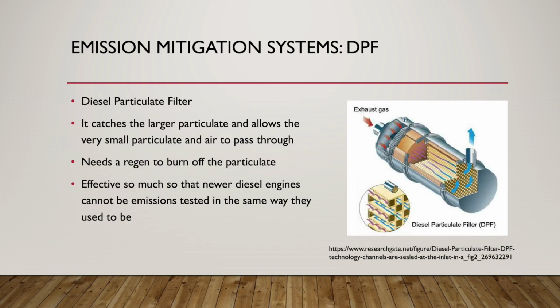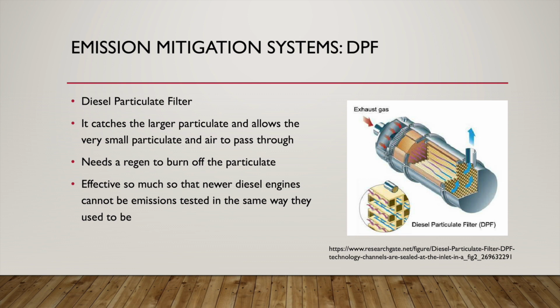The most interesting part of the emissions mitigation systems on a diesel engine is the diesel particulate filter. We can imagine the diesel particulate filter as a cylinder filled with straws, except that on one side, half of them are covered, and on the other side, the other half of them are covered.